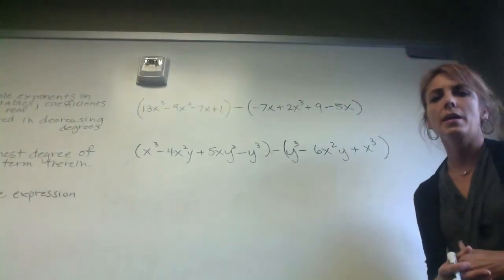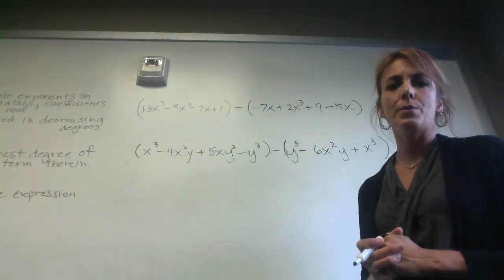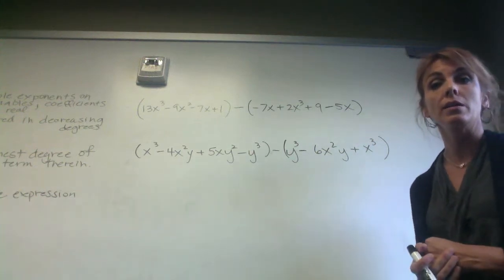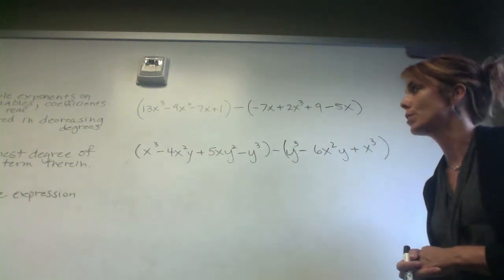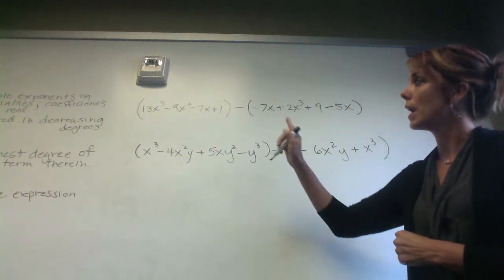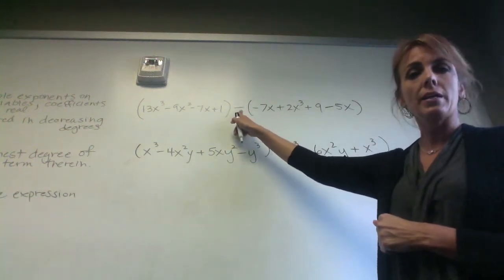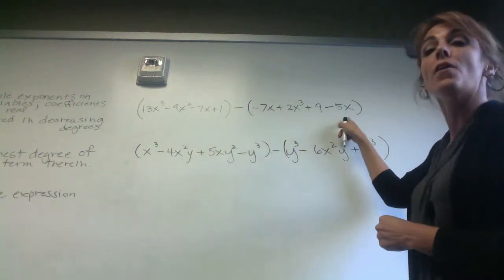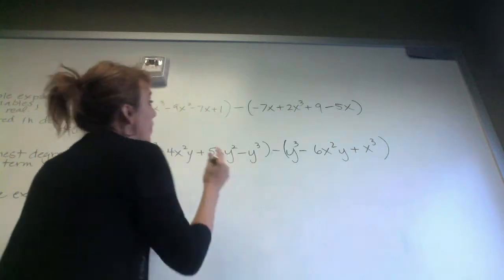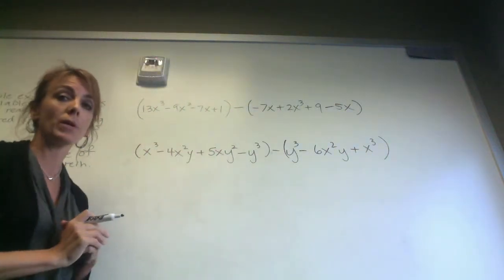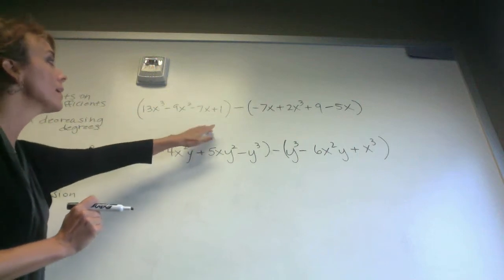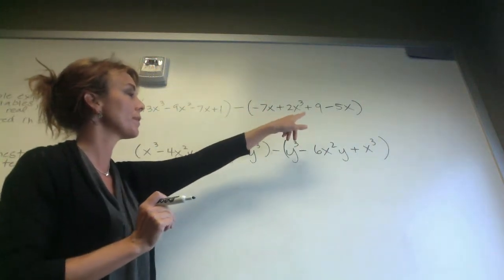So let's take a minute and do a couple of examples where we are adding and subtracting. Okay, in this case we're just subtracting a couple of polynomials. So that first step would be, let's distribute the negative through the following expression. Okay, so I'm going to just rewrite this whole expression, and when I do that, I'm going to remove my parentheses by taking that negative and distributing it through.